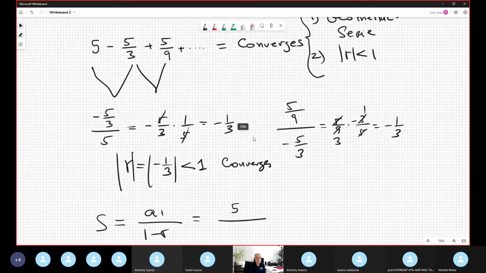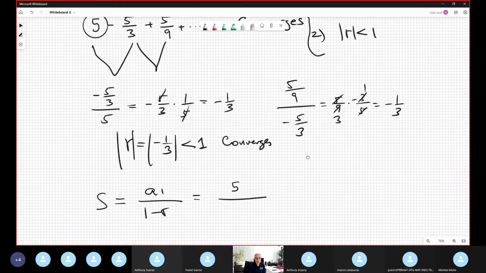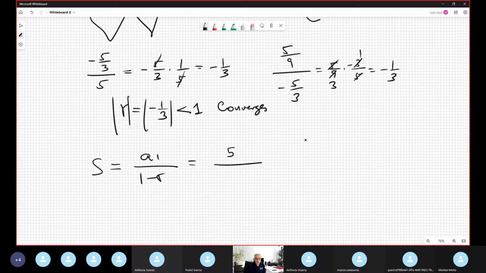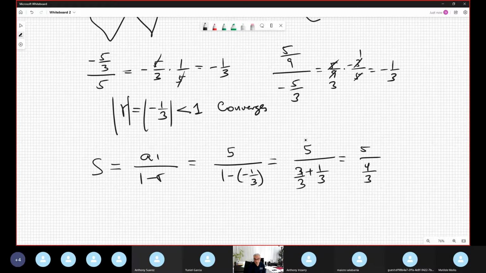A1 is the first term, this guy. And R is negative 1/3. It says 1 minus R, so be careful with the sign: 1 minus negative 1/3. This is 5 over 1 plus 1/3. That is 4/3, so 5 over 4 over 3, because you can interpret 1 as 3 over 3, and 3 plus 1 is 4.